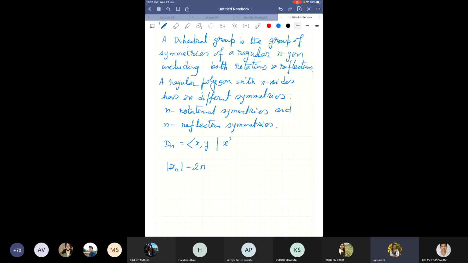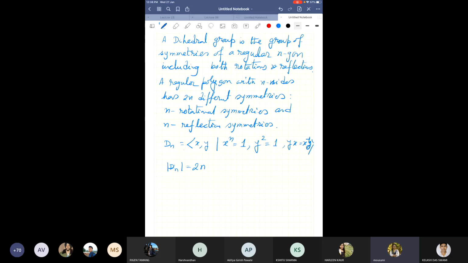So x is of order n, and y is a reflection. So y is of order 2, and the relation between x and y is yx is equal to x inverse y. So this is in general.